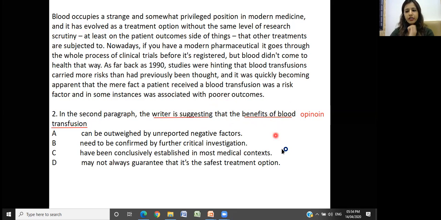And neutral, what is the writer doing in this paragraph? Is it favor, against, or neutral? I want everyone to participate, so that becomes an interactive session.